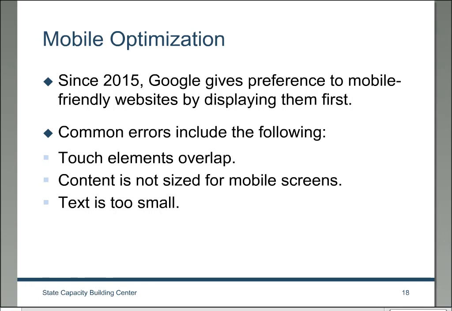And of course, we have seen a large spike over the last few years in the number of users who use mobile devices instead of desktop devices to access the web. In fact, on just about all of the websites that we work on, that number is now over 50%. Over half of folks are using mobile devices.